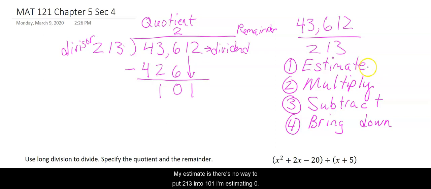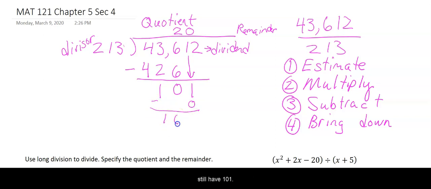My estimate is there's no way to put 213 into 101. I'm estimating 0. If I multiplied, I would get 0, and when I subtract 0, I would still have 101. But then I would bring down again, so I would bring down the 2.